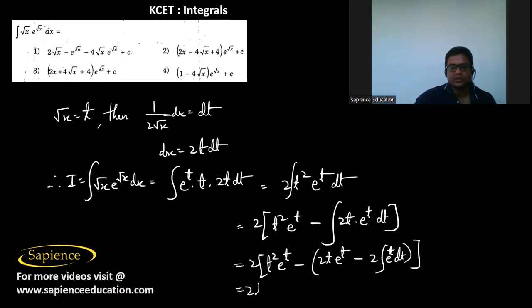So this will be 2t square e power t minus 4t e power t plus 4 e power t plus c.